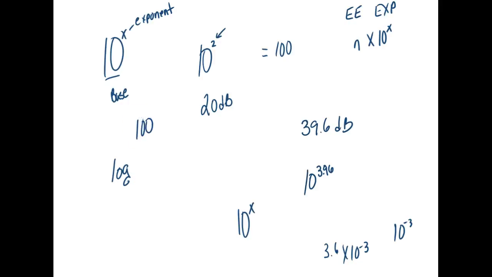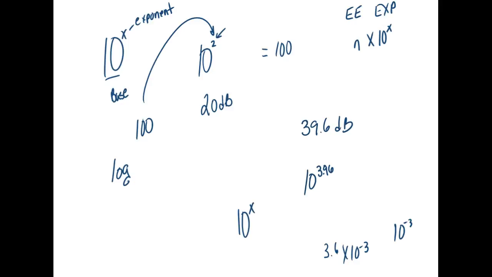Hit the log key and see what it comes up with. 2. Well, what is 10 raised to the second power? So what is the log? The log is the exponent that 10 would be raised to come up with that answer. So the log is that number right there. That's all it is.